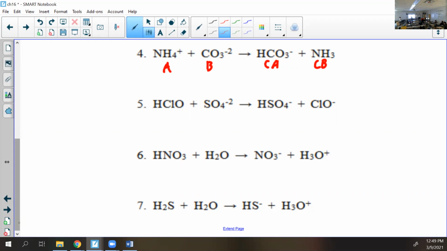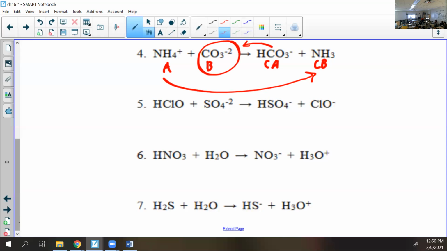Couldn't you just look at the right-hand side if you're wondering what it is? Because NH3 is a base. NH3 will always be a base because it accepts a hydrogen to become NH4. So we know this is an acid because it lost an H or donated a proton. We know this is a base because it accepted the H. We know this is an acid because it lost going that way.